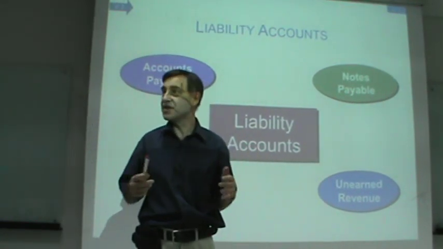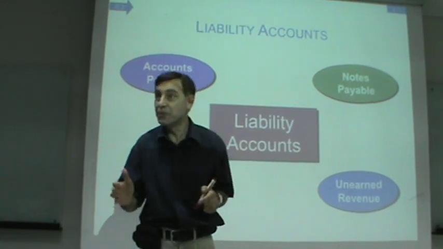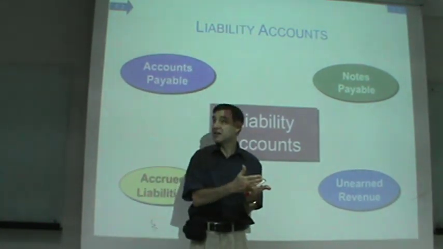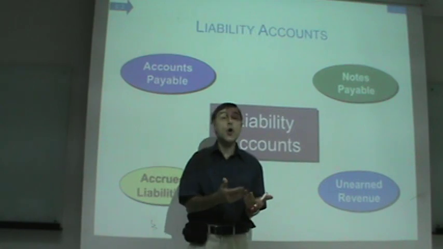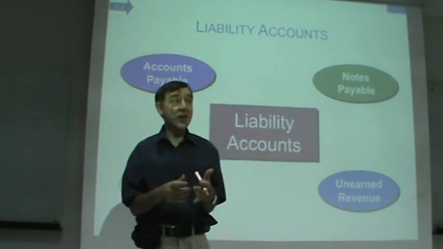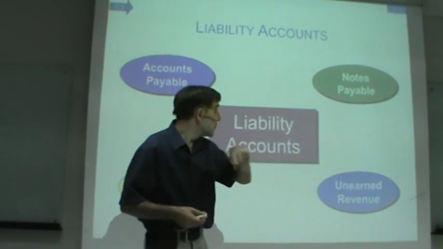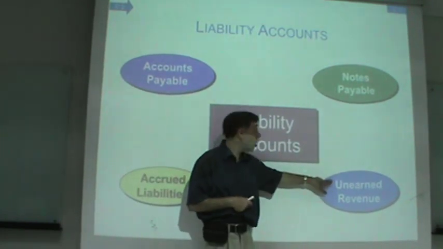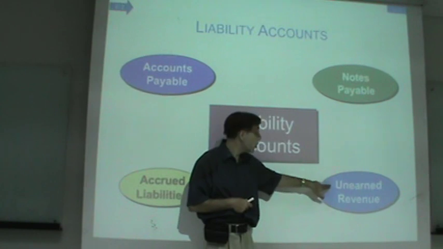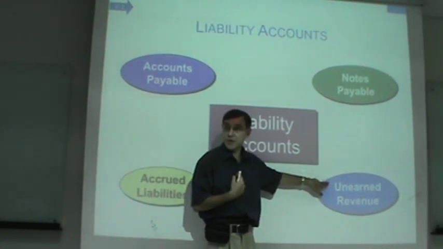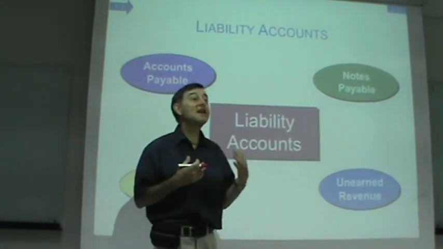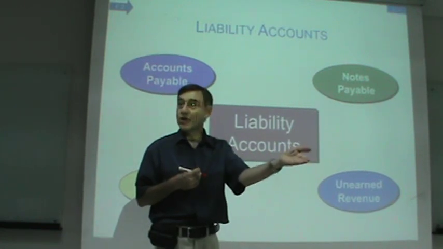All universities want tuition to be paid at the beginning. Okay? So, when you pay at the beginning, for you, it's a prepaid expense. For the university, it is called a prepaid tuition. So, unearned is the same as prepaid. They got the money, but they did not deliver education.